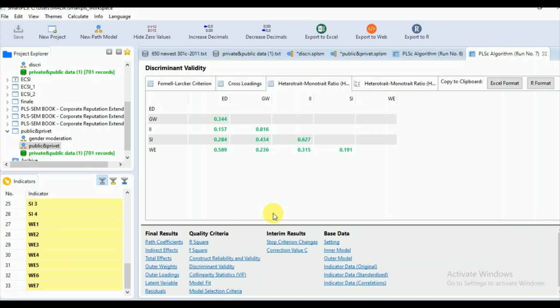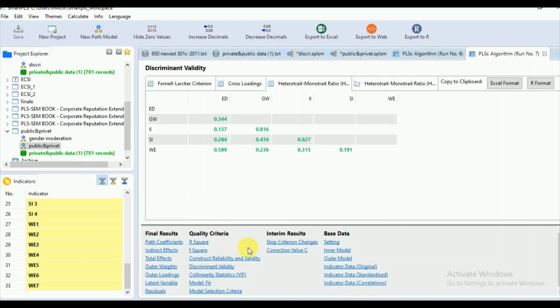As I mentioned earlier, we always focus on the context of the study, so the interpretations are context oriented. Researchers can examine if the upper bound of the 95% confidence interval of HTMT is lower than 0.9 or 0.85. These are the 4 steps in the measurement model.